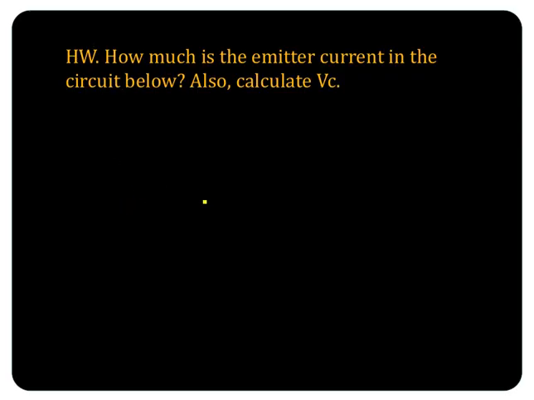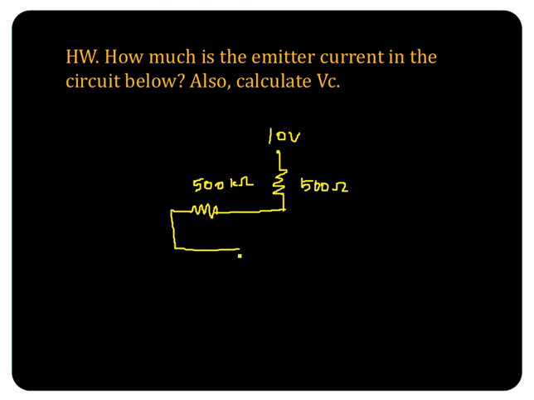So you can take down this problem as homework. I couldn't place the figure here, I'll draw the figure here. So you have a 10 volt VCC, then an RC equal to 500 ohm and RB equal to 500 kilo ohm, and you are applying this to your base, and this is the feedback you are taking to base, and this is your collector, and this is the emitter, and emitter is connected to ground.